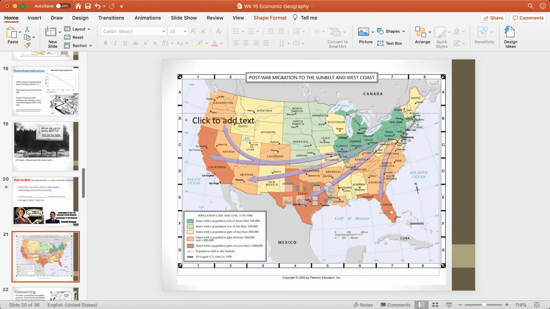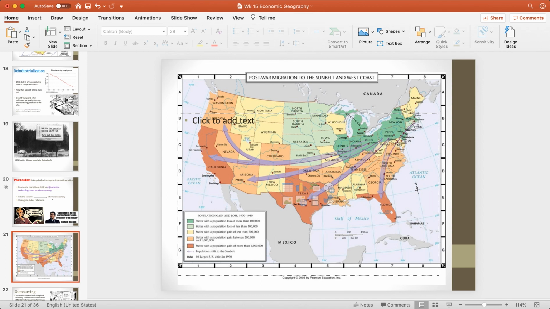All right. There was also a big geographic switch where people moved from places in the upper Midwest and the Northeast. So in 1970 to 1980, all of these states in green lost over 100,000 people. And so this became known from the manufacturing belt to being called the Rust Belt, because the businesses left and the people left and there wasn't a lot left.